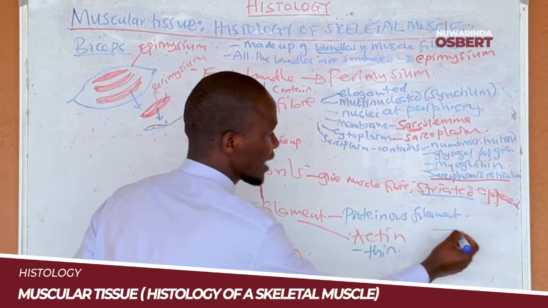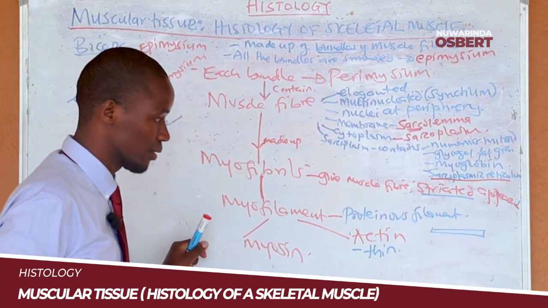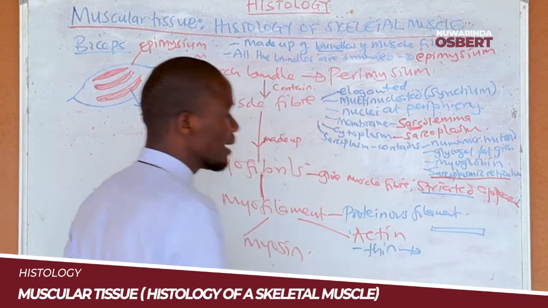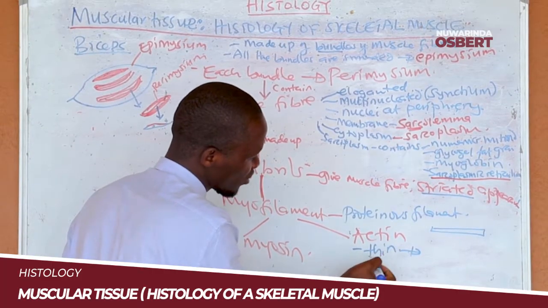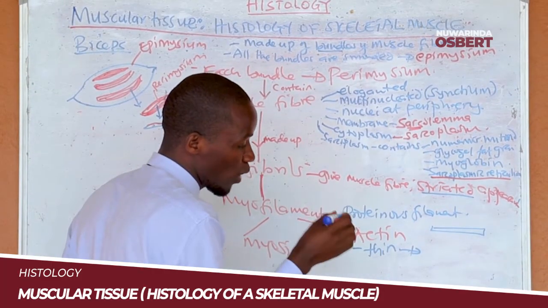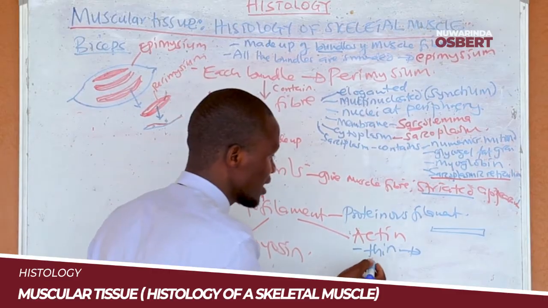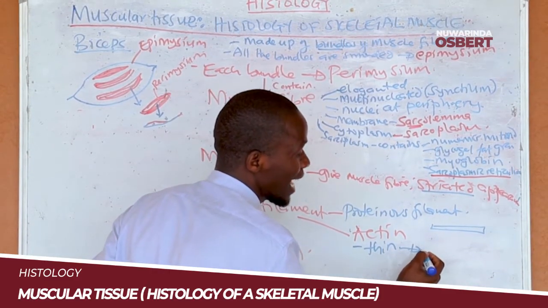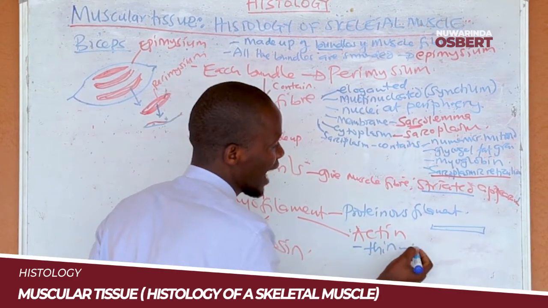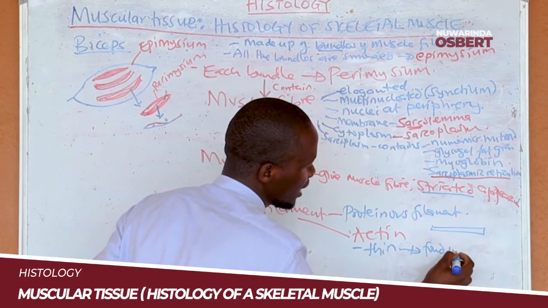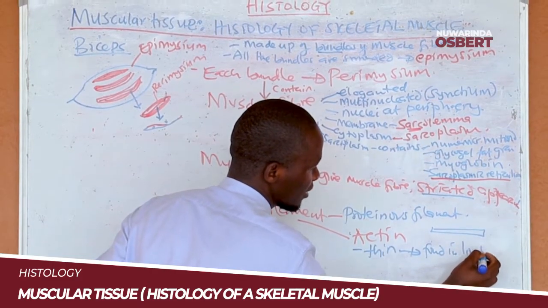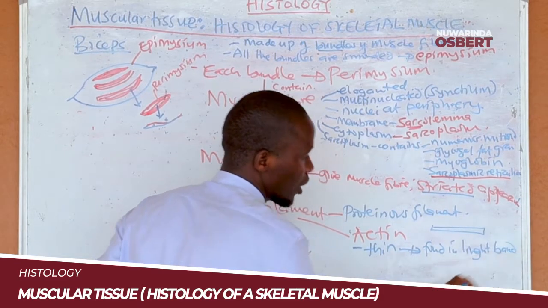A filament is something like a rod, like a stick. In a muscle, the region where we find these thin filaments appears light. And therefore we say actins are found within the light band or the light region.